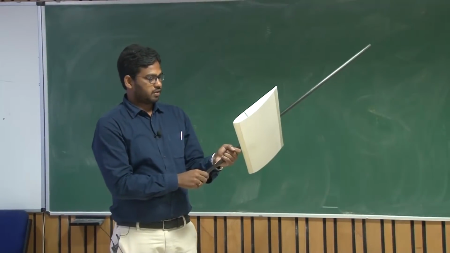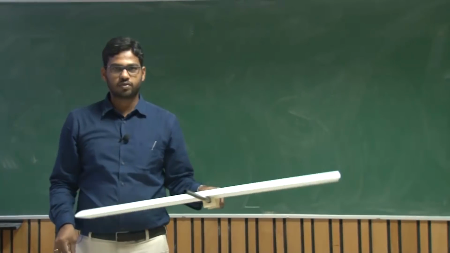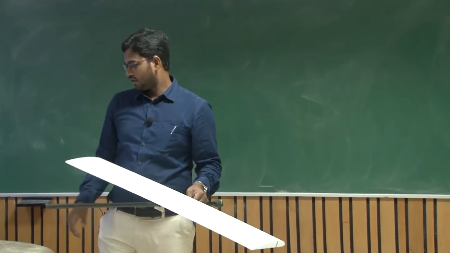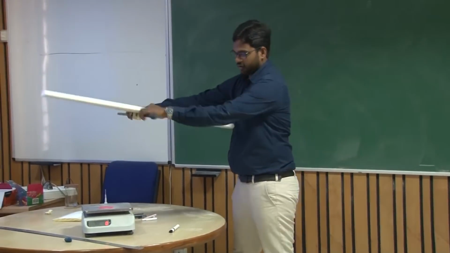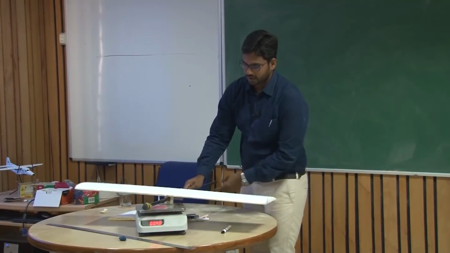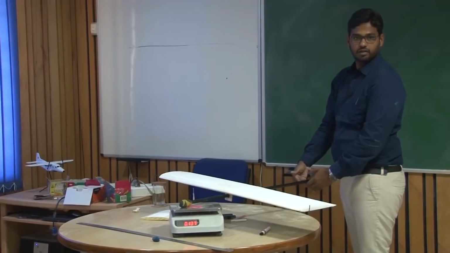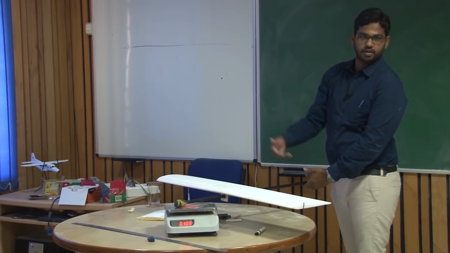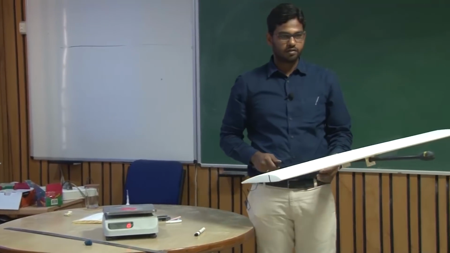With this clay, how do we measure the CG in the first place? Either you need to have two balances. You place it on one balance here, and another balance at an offset. You take m1 x1 plus m2 x2 divided by m1 plus m2. That is one way.